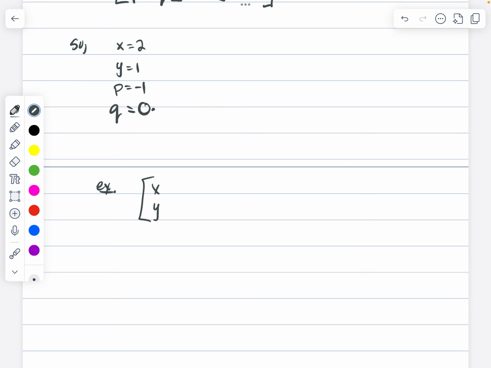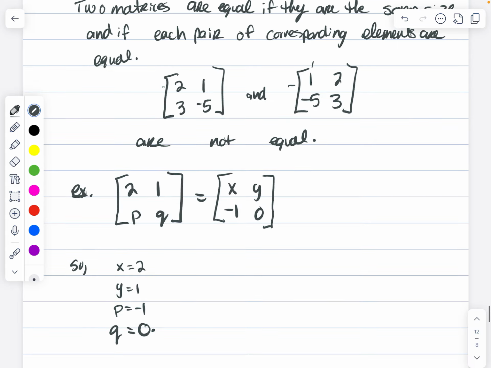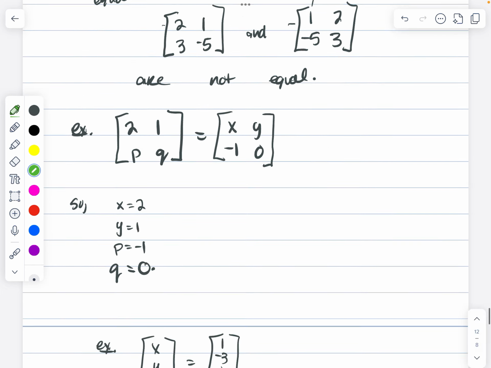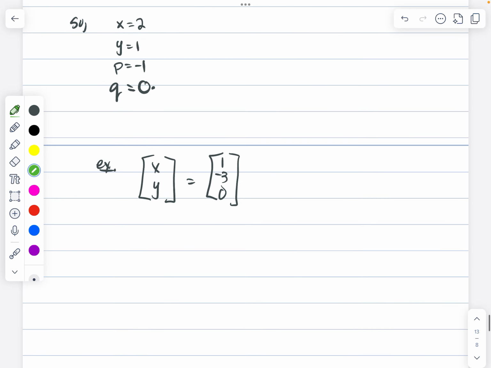Now, if we have XY and we want to say that it's equal to 1, -3, 0, this can never be because the sizes are not the same. So one of the requirements is that it has to be the same size to be equal. So not equal, because different sizes. Okay?